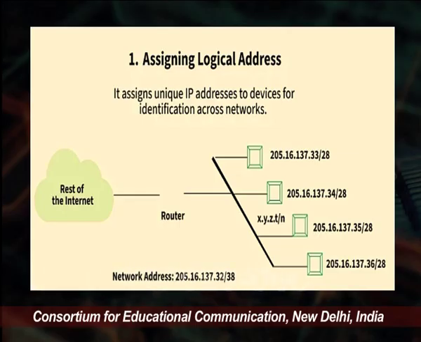Here you can see on one side of the figure we have the rest of the internet, then there is a router in between, and this functionality is implemented, actually assigning unique IP addresses to all the devices. You can check it. There is a network address which is 205.16.137.32/38, and among this network address, whatever number of devices, here we can see 4.